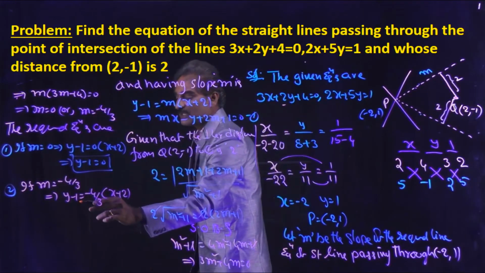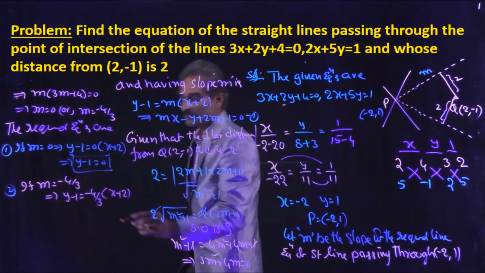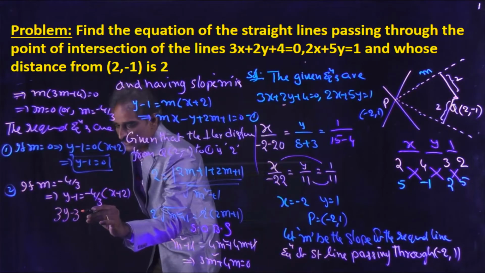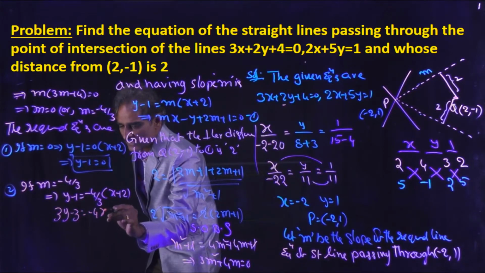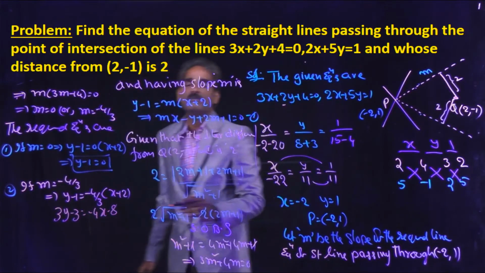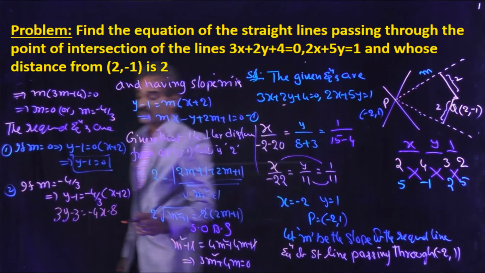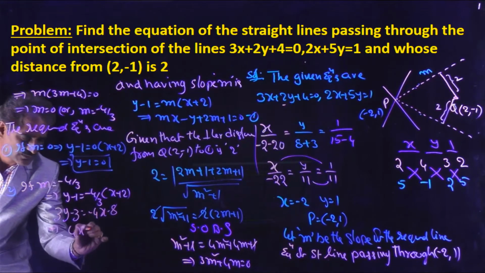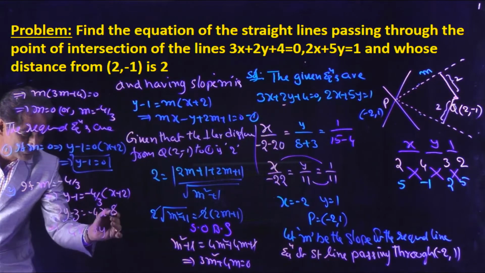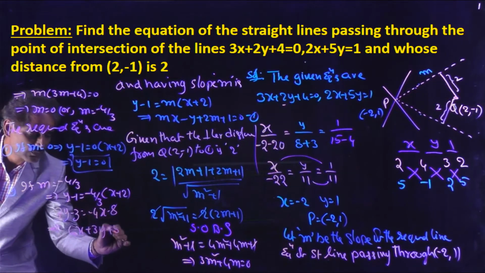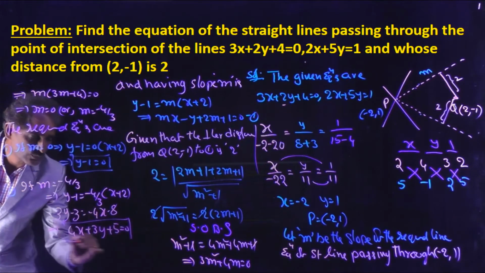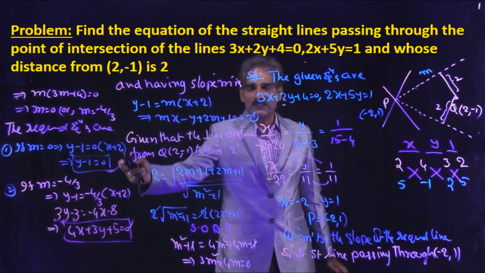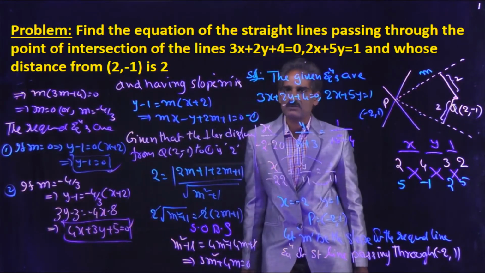So 3y minus 3 equal to minus 4x minus 8. So from this we can write 4x plus 3y plus 5 equal to 0. These two are the required equations.